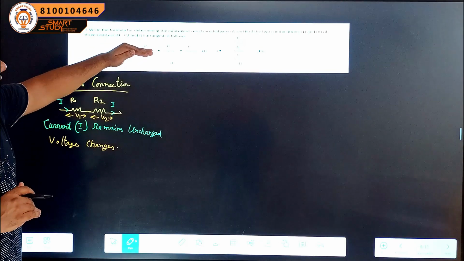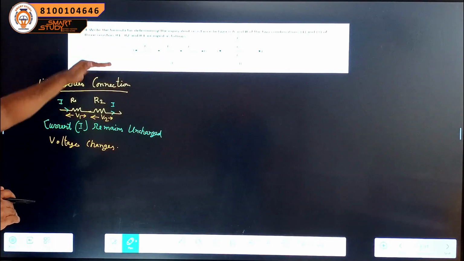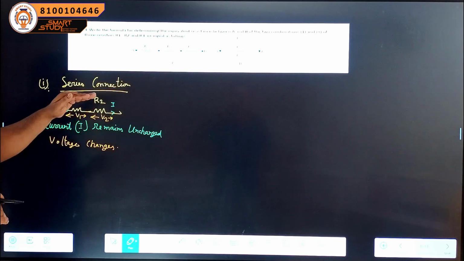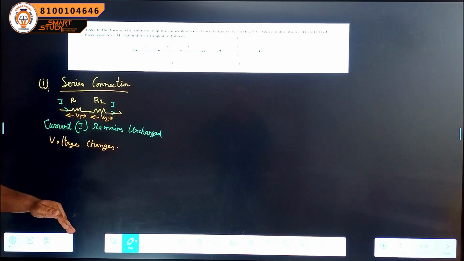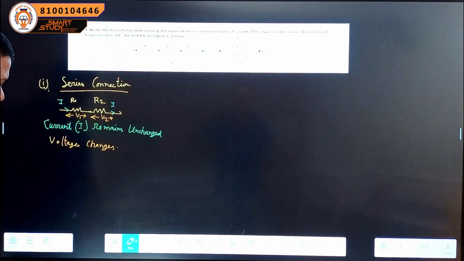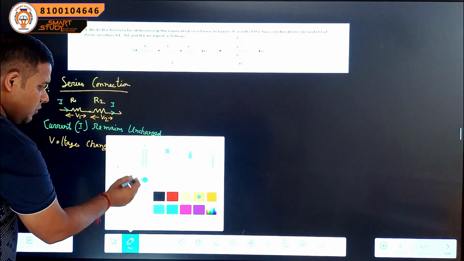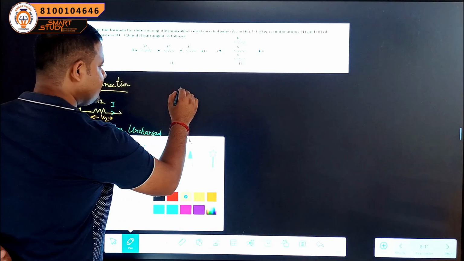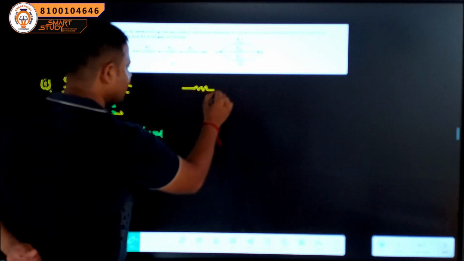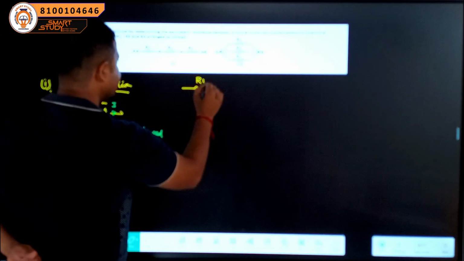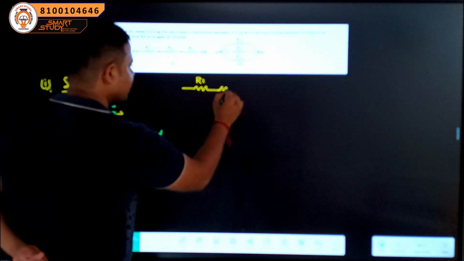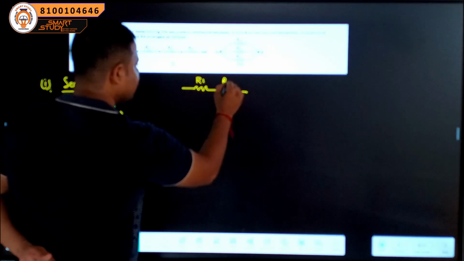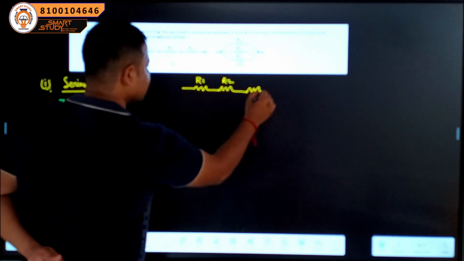Now, according to the picture, I am going to derive the equation for the equivalent resistance for the given circuit. Let's draw the circuit first. What is given over here? The circuit has R1, R2, and this is the resistance R3.